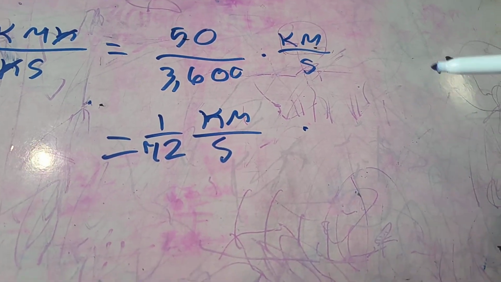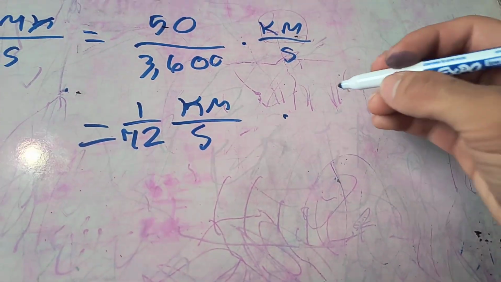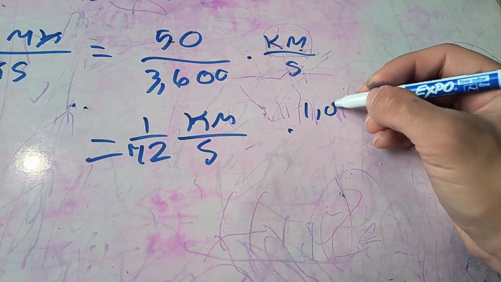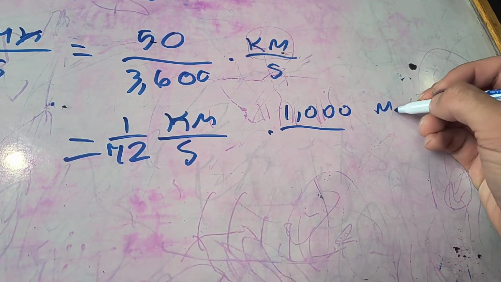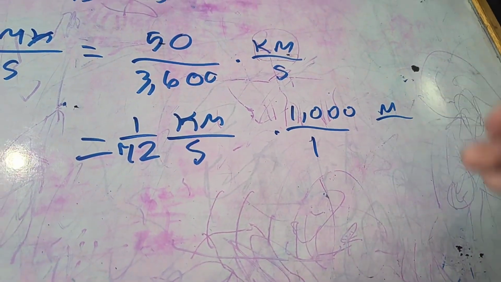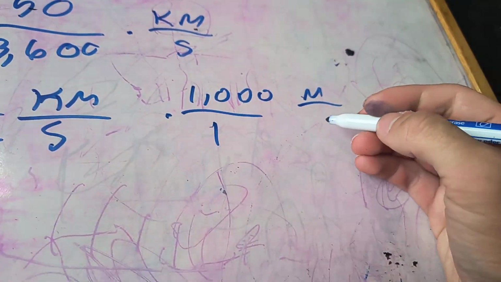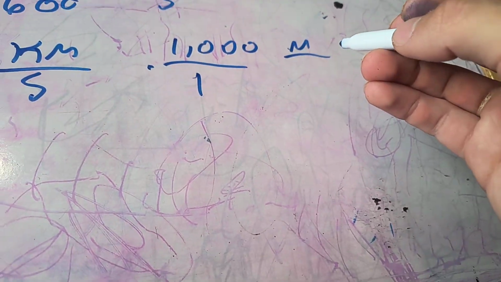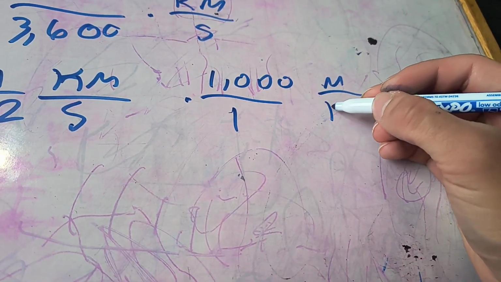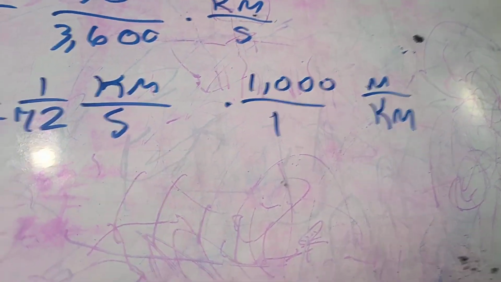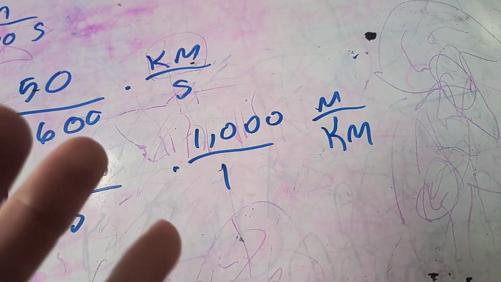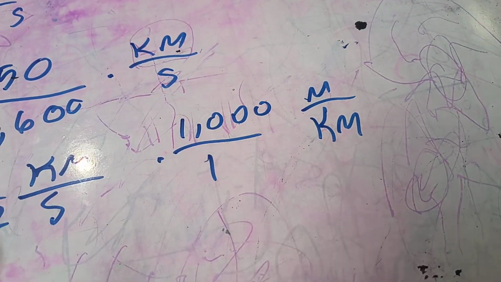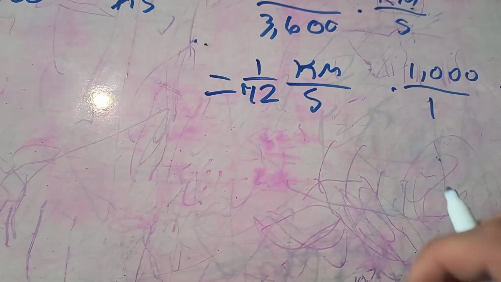Well, we could say that 1,000 meters is 1 kilometer, right? So 1,000 meters over 1 kilometer.